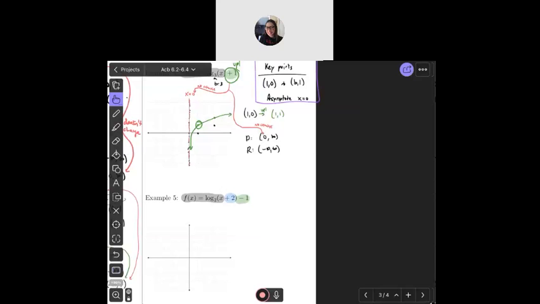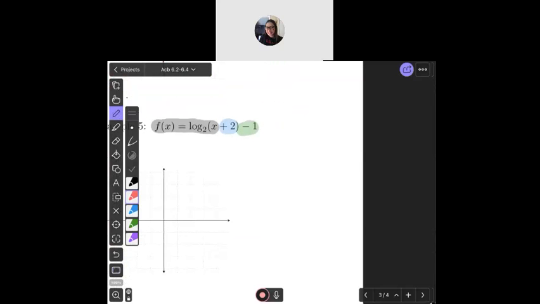Finish this one up real quick. So my asymptote is supposed to be at 0. It's supposed to be at 1, 2, 1. There's our 1, 0, B, 1. This is going to go left 2 and down 1.